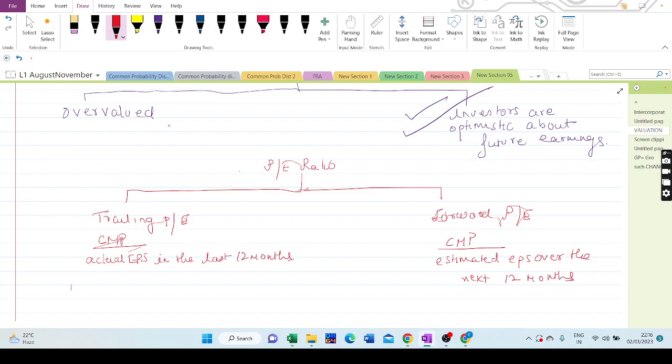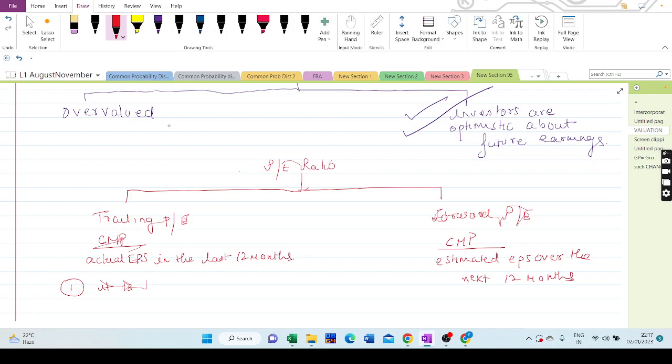Now, trailing PE, since it uses the actual EPS in the last 12 months, since it's using the historical EPS, is backward looking in nature because it's using the EPS of the period that has gone by.